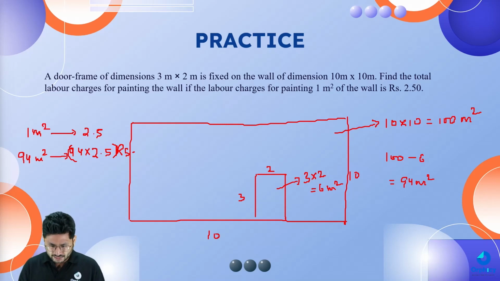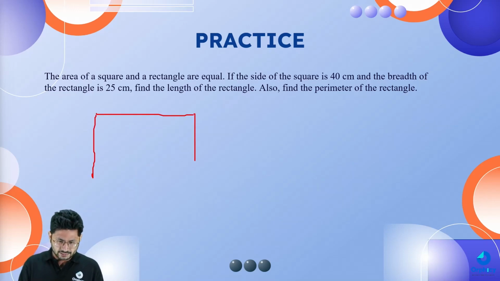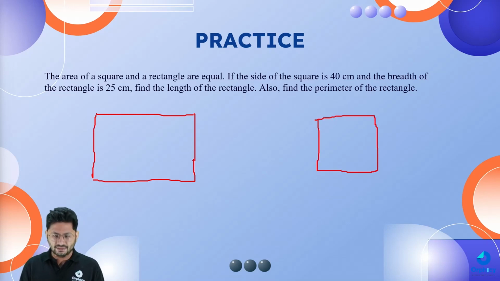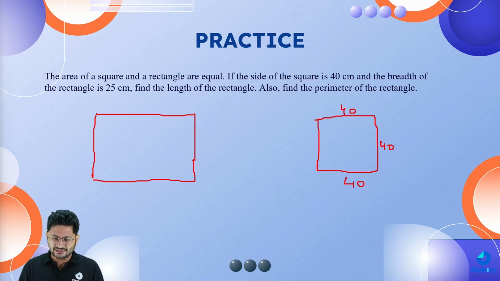Okay, let's do another question. So in this question it is asking that the area of a square and a rectangle are equal. We'll make a rectangle and a square. So area of a square and a rectangle are equal if the side of the square is 40. मतलब स्क्वायर की तो चारों साइड्स बराबर होती हैं.